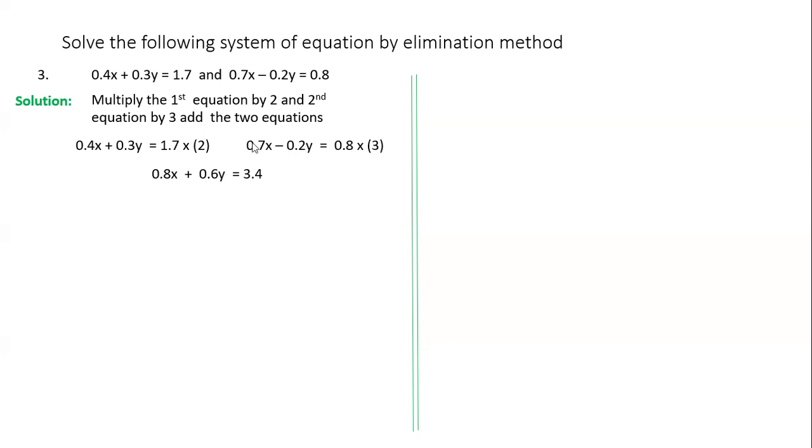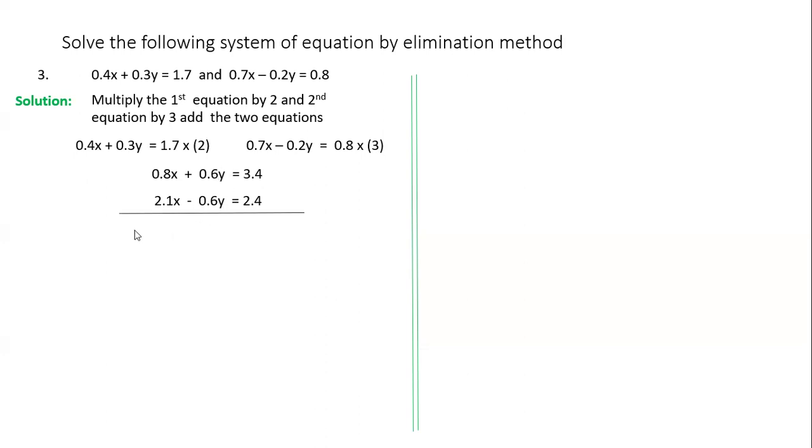Here, 3 7s are 21, 2.1, minus 3 2s are 6, so 0.6y, and 8 3s are 24, 2.4. Now this is plus, this is minus, the coefficients are the same and the variable is the same, so they directly cancel.